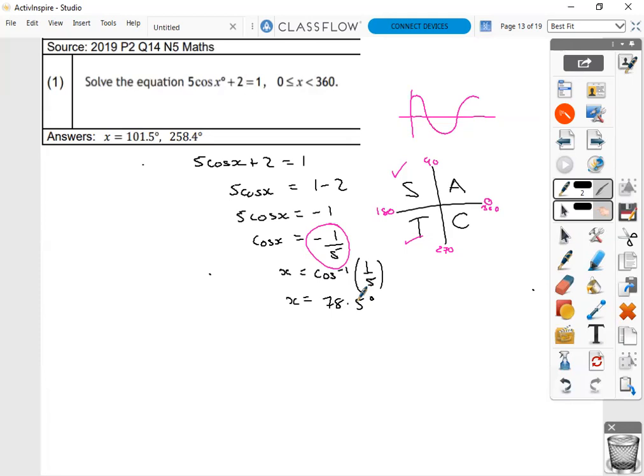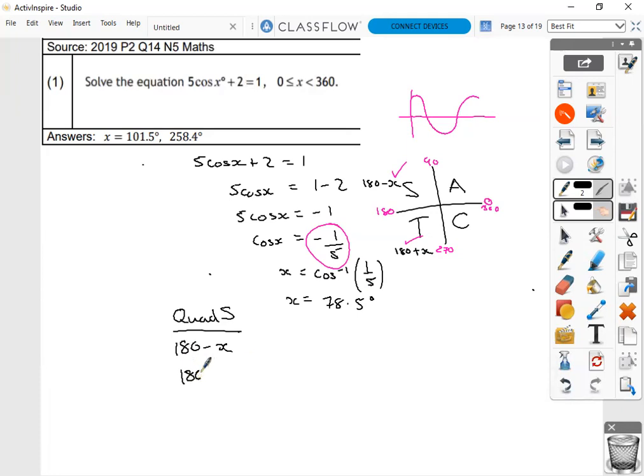Now, that's not my final answer. That answer allows me to find my two solutions. Remember when we drew out the CAST diagram in the last one, I said when we're in the S quadrant, I'm 180 minus my answer. When I'm in the T quadrant, I'm 180 plus whatever answer I've got. So for quadrant S, my answer is 180 minus whatever I found for x.